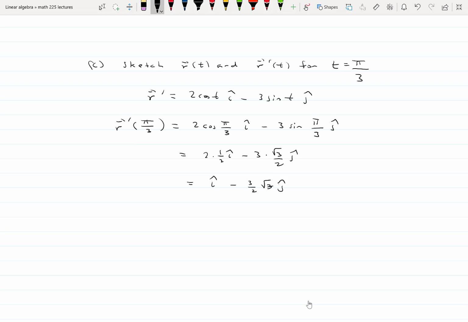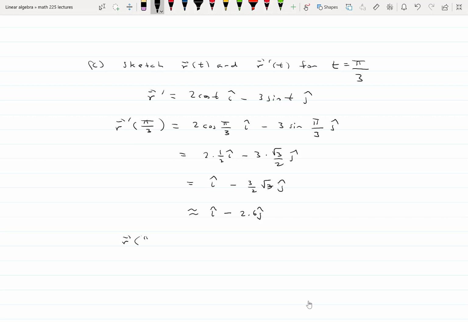Okay. This is approximately equal to, let's say, i minus 2.6 j. I'm approximating it so that I can get an accurate picture of the graph of our curve. I also need r of pi over 3.